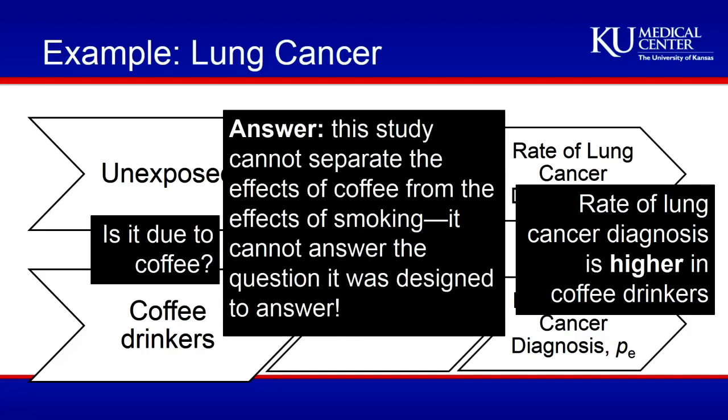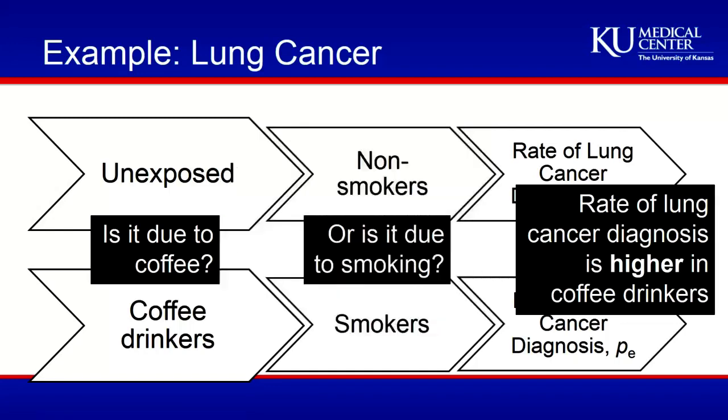So this study is actually very flawed in that it's a waste. It's a waste of resources. It's a waste of time. It's a waste of these subjects' time, of your time, of whatever money you spent on it. Because the way it was designed, even if we had recorded smoking, we would not necessarily be able to separate the effects of coffee from the effects of smoking in order to figure out which of those particular exposures is driving lung cancer diagnosis.